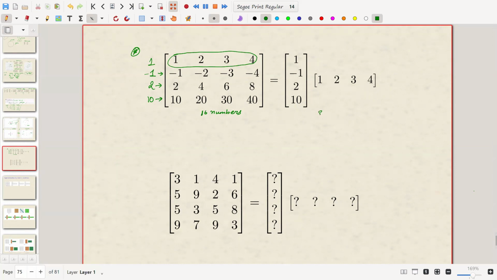How many elements are required here? 8. So you can see that suddenly I reduced the complexity by 50%. Previously, 16 numbers were needed to describe this matrix, but I now only need 8 elements to describe this matrix.